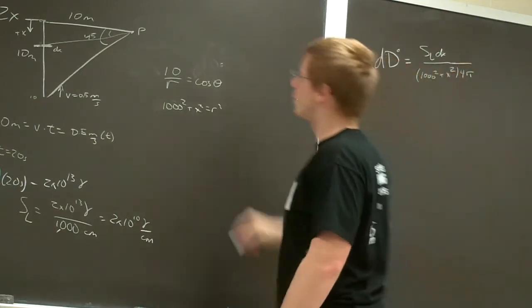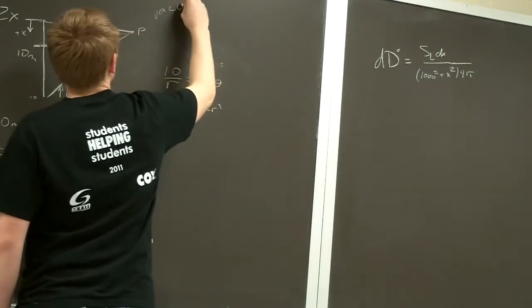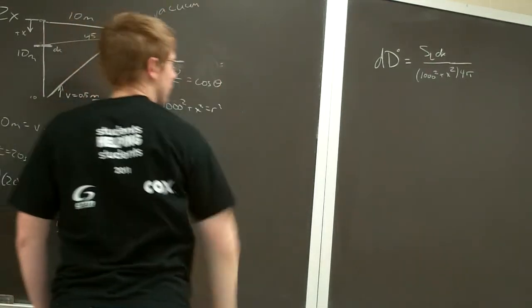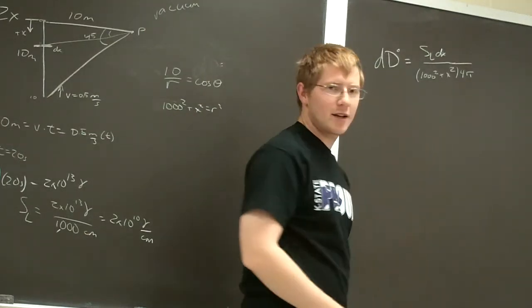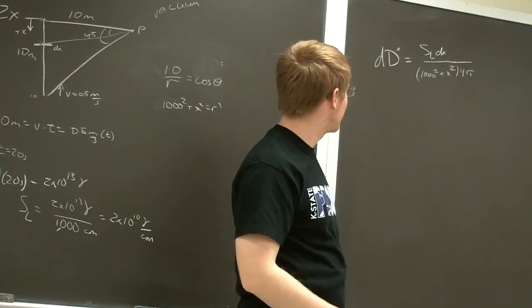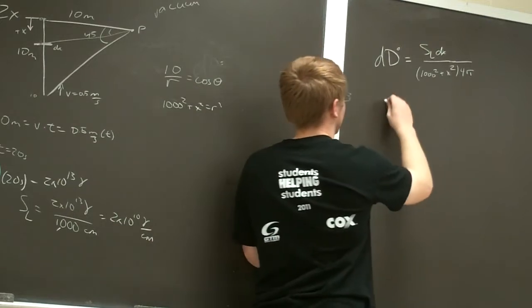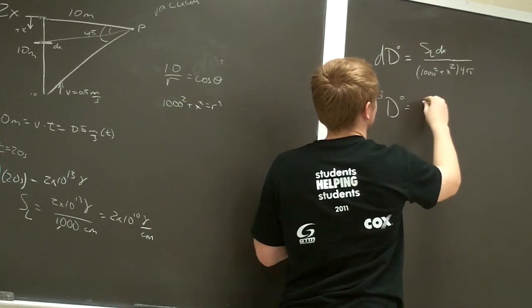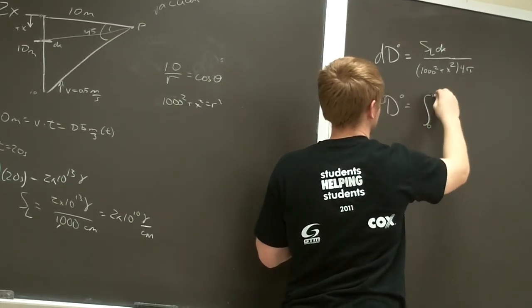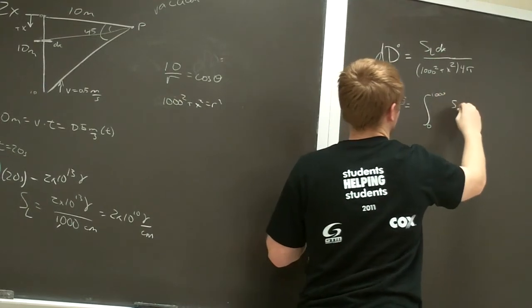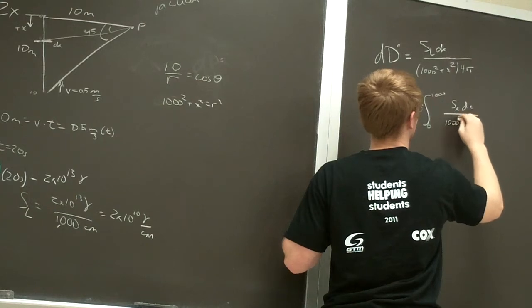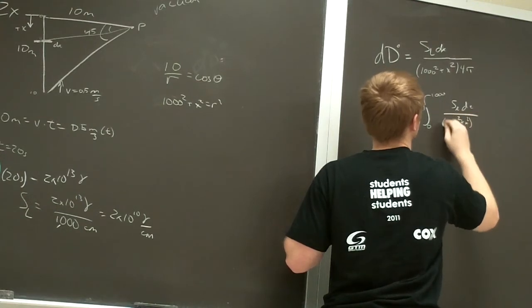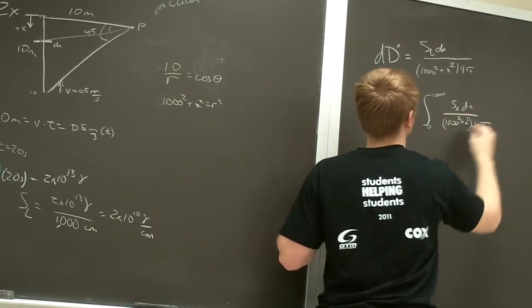Okay, and let's put this in vacuum, so there won't be any exponential attenuation. To get the total dose, you have to integrate from 0 to 1,000 of SL dx over 1,000 squared plus x squared, times 4 pi.